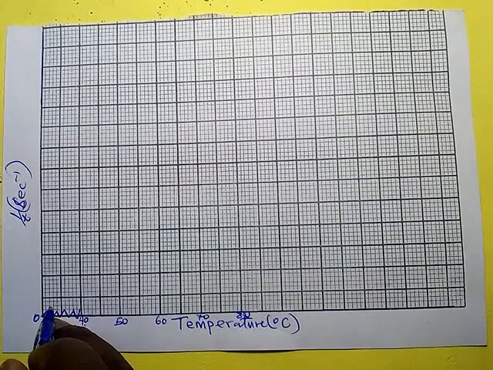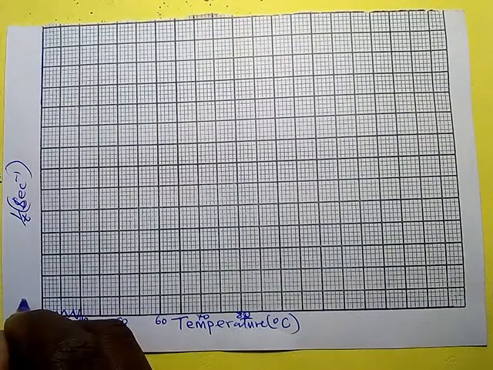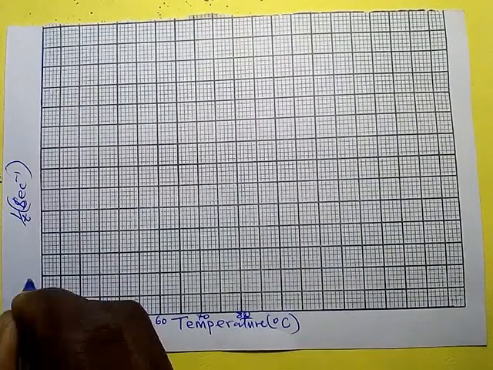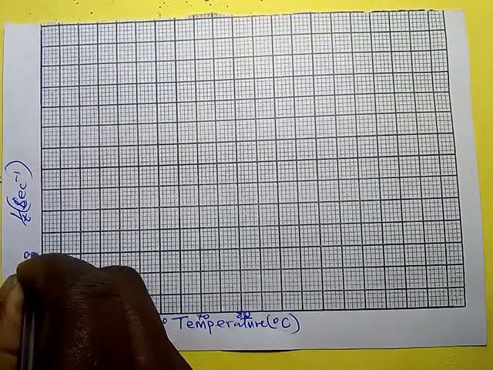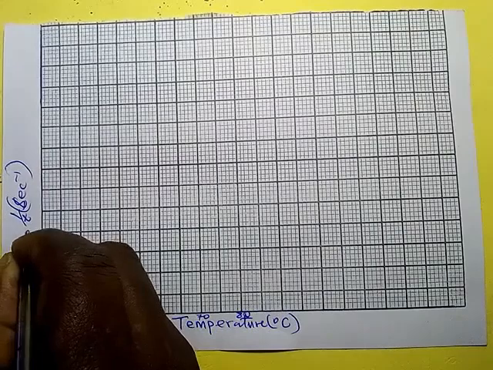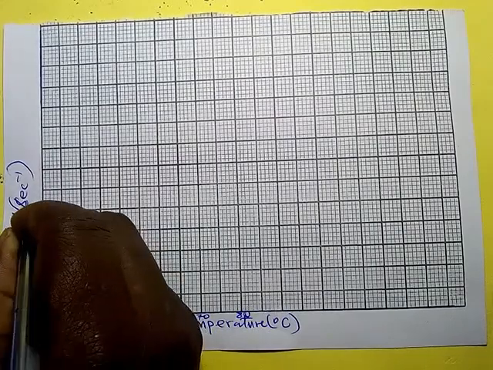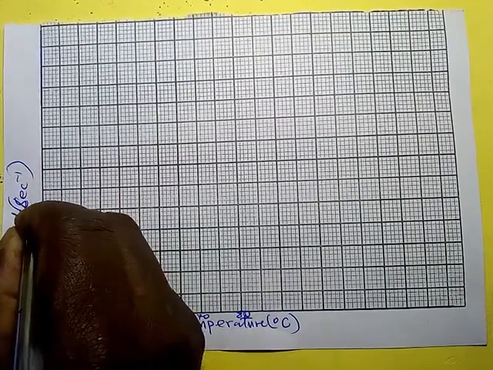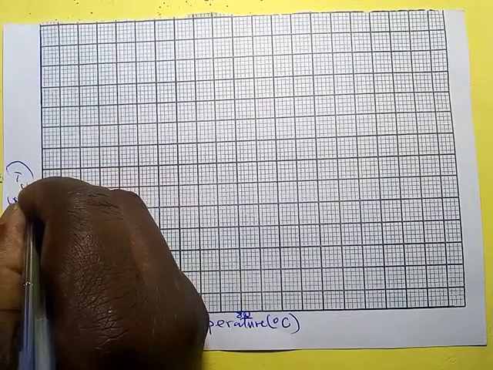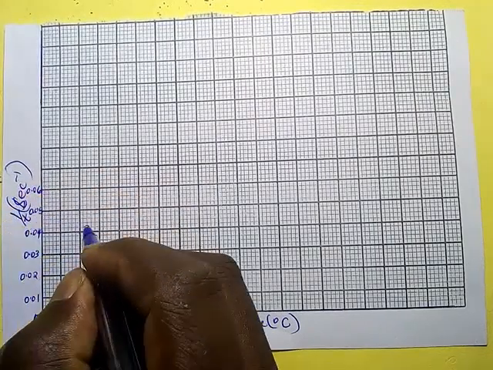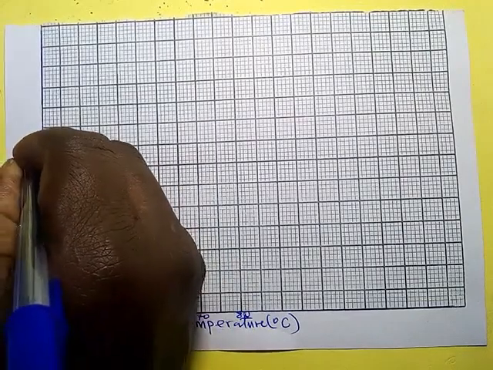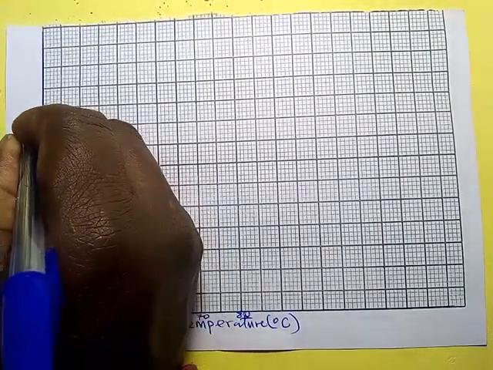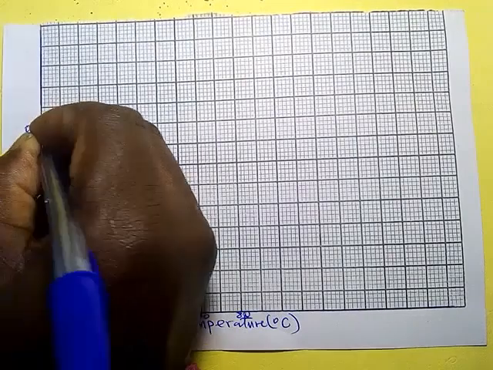We have 0.01, 0.02, 0.03, 0.04, 0.05, 0.06, 0.07, 0.08, 0.09.